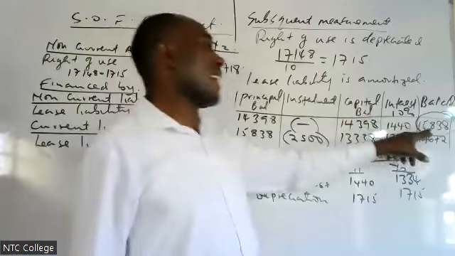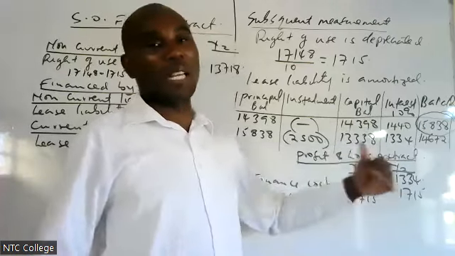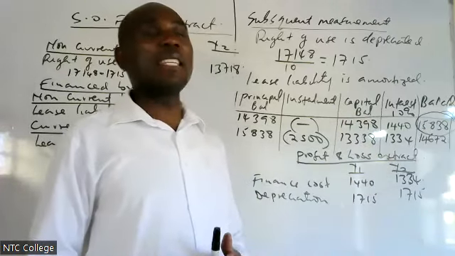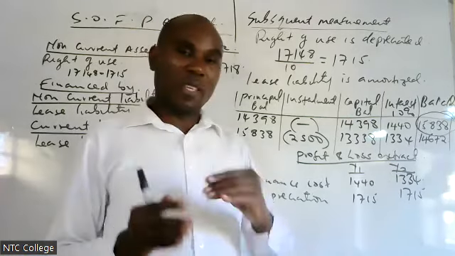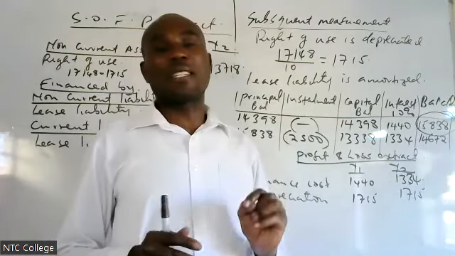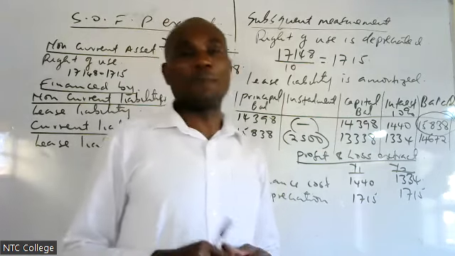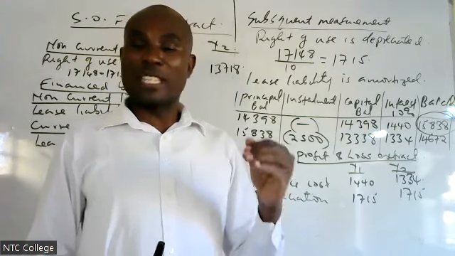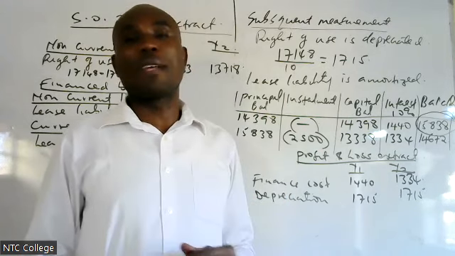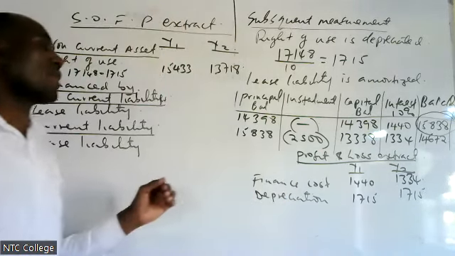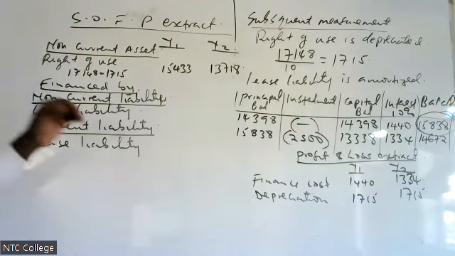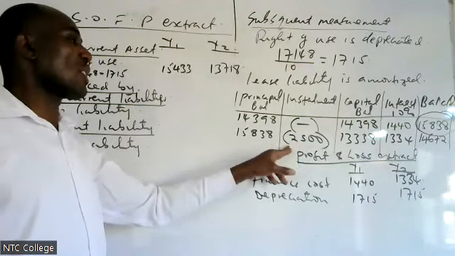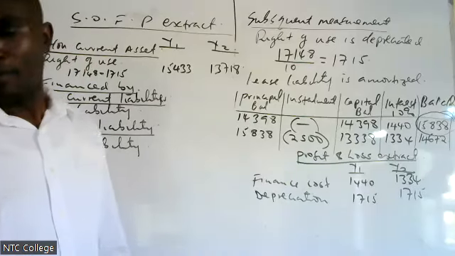You take what is at the end, then you immediately less the installment, then you report as non-current liability. Because the installment is not part of the non-current. Installment, you are just coming to pay it in the next year. Therefore, it's not a non-current liability.